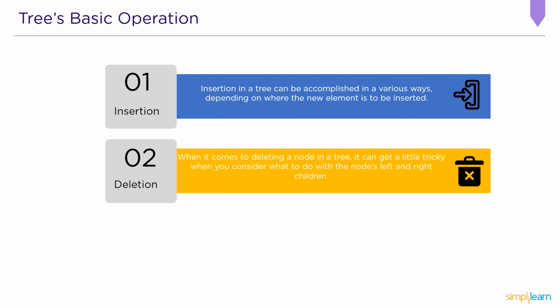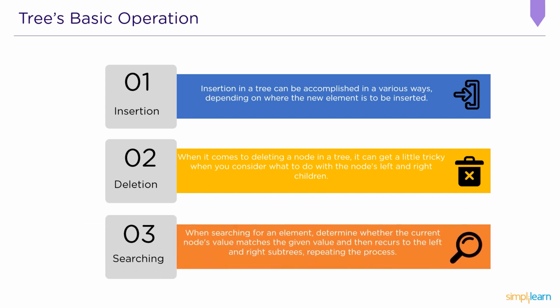When it comes to deleting a node in a tree, it can get a little tricky when you consider what to do with the node's left and right children. Finally, we have the searching operation and are attempting to understand it. When searching for an element, determine whether the current node's value matches the given value and then recurse to the left and right subtrees, repeating the process.